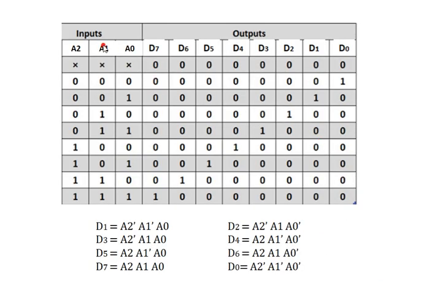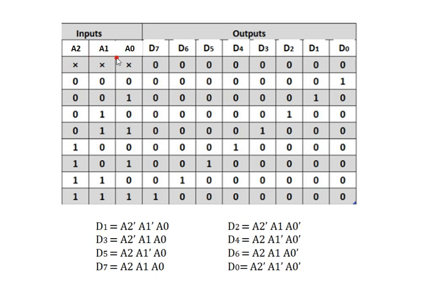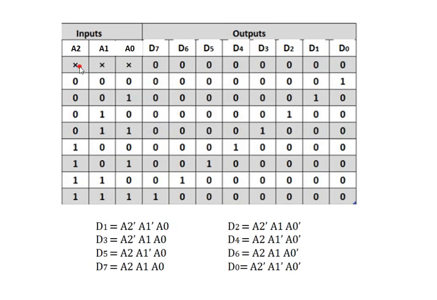Next, this is the truth table. The truth table has A2, A1, A0 and outputs D7 to D0. The first condition is X, X, X, the don't care condition, and don't care conditions result in output 0. No need to think about this term.